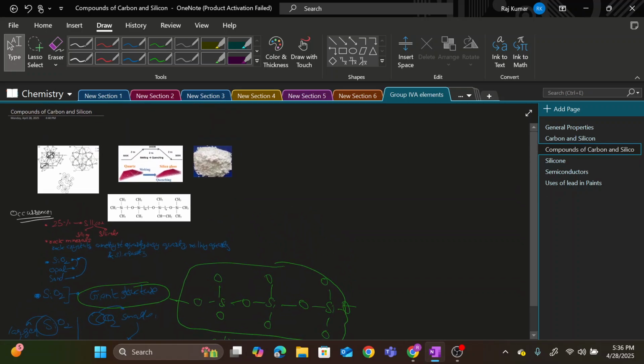And there's another important thing that needs to be considered over here, which is that whenever I take silica and heat it until it fuses, it basically converts into a glassy mass.